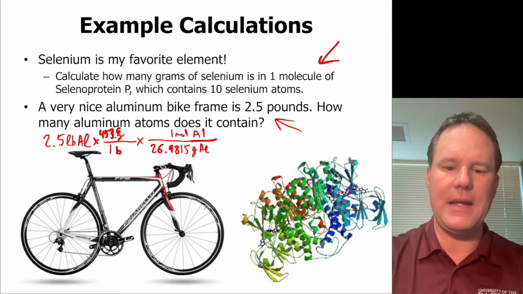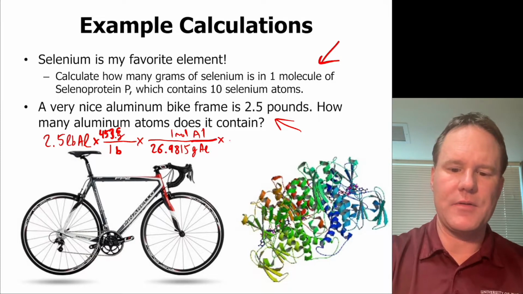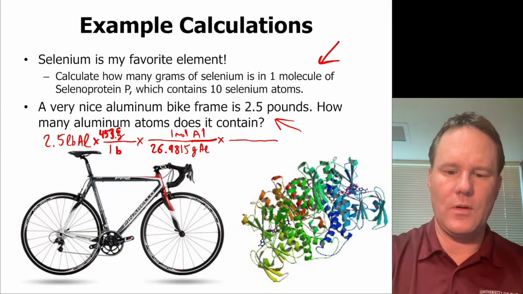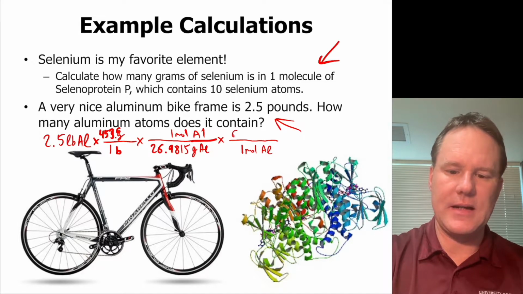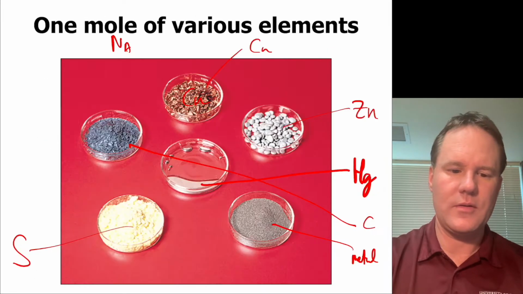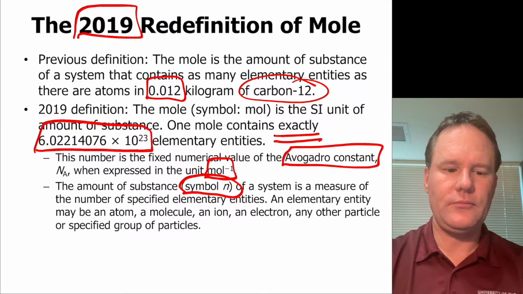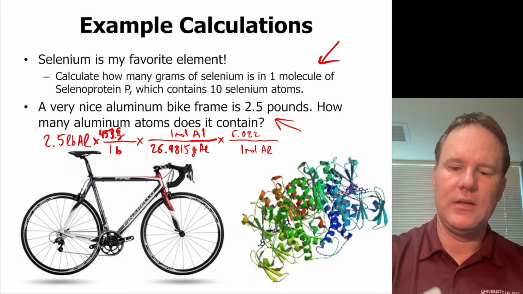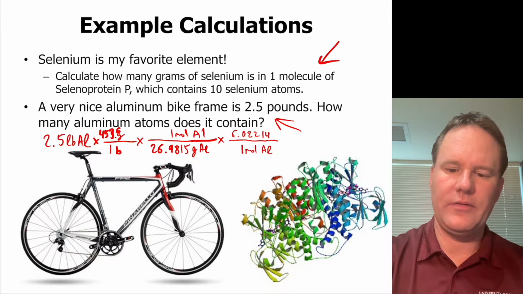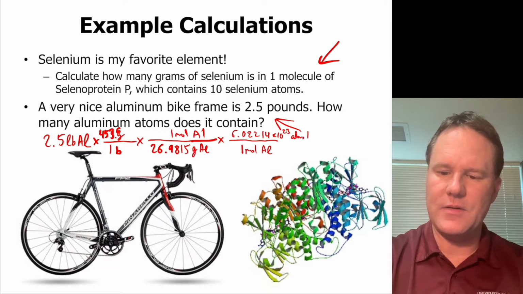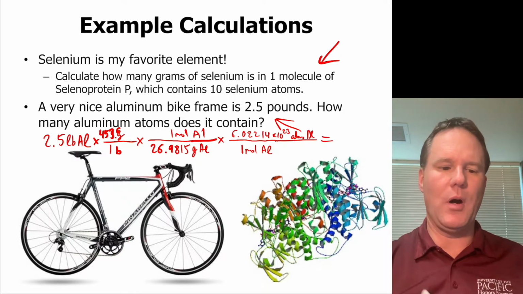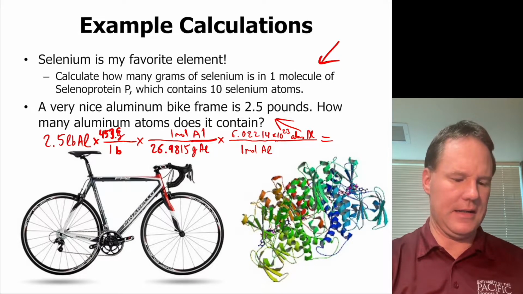But it asks for how many atoms. And remember, we just have to multiply with Avogadro's number, saying that 1 mole of aluminum is 6.02214 times 10 to the 23rd atoms of aluminum, right? And if you multiply it all together, I'll just take the calculator here.